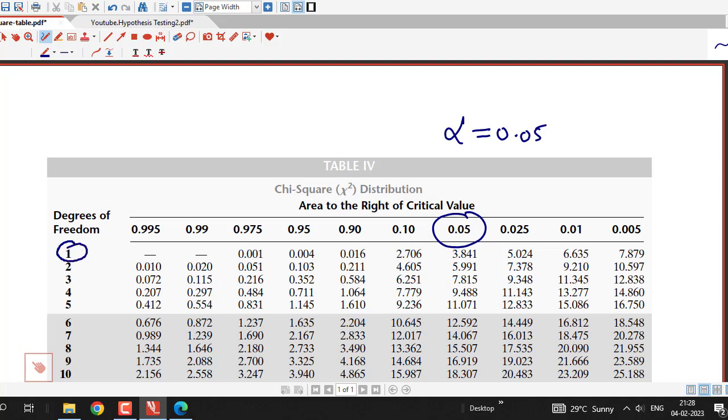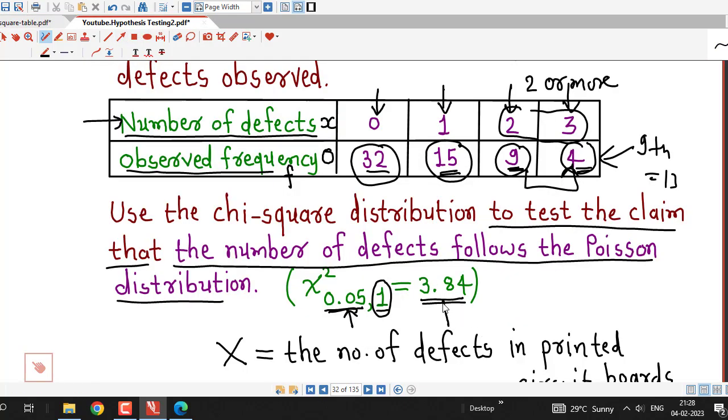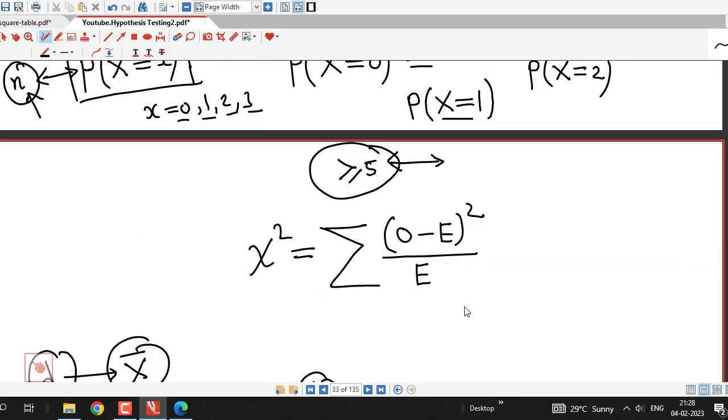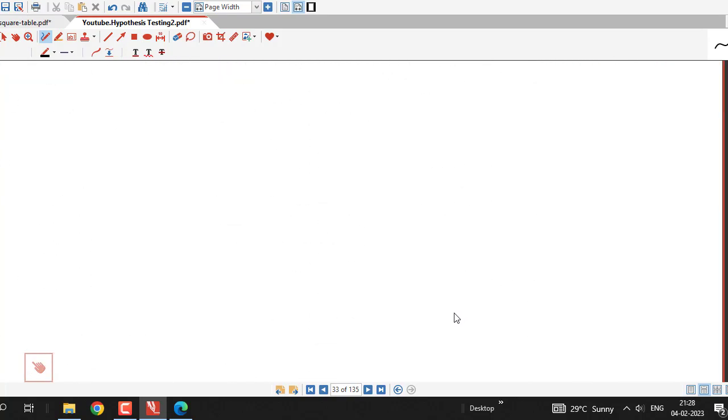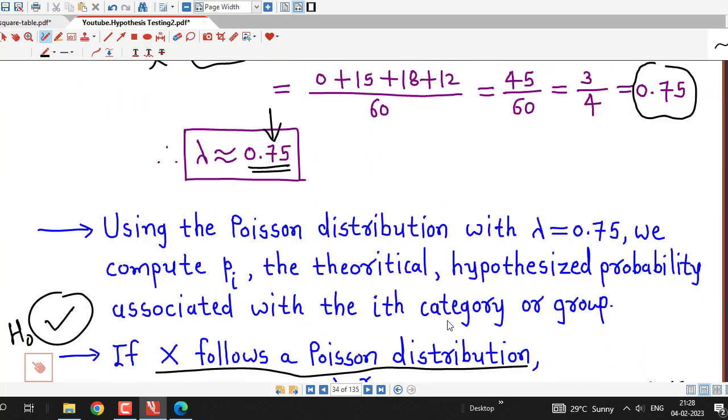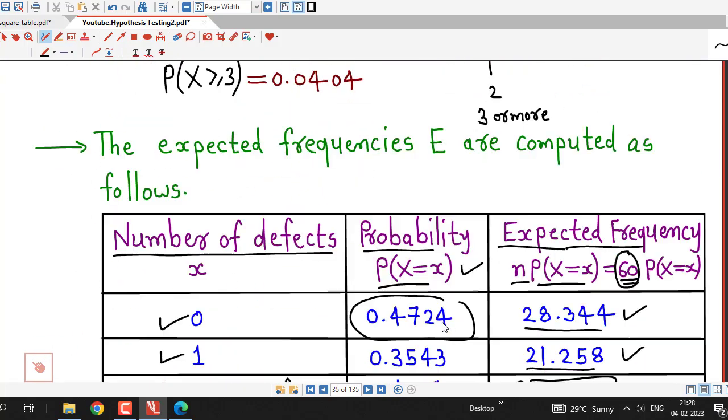This is the row corresponding to 1 degree of freedom, and if we go in this row up to this alpha, we have 3.841. That is the correct value from the chi-square distribution table. And if it is not given, we can use the chi-square distribution table as I explained.